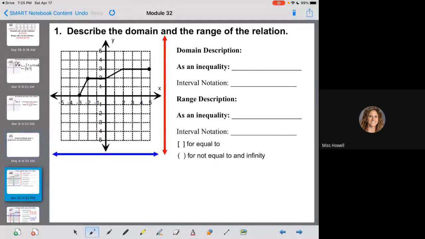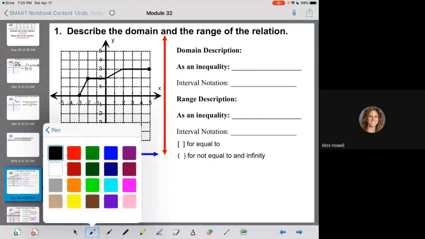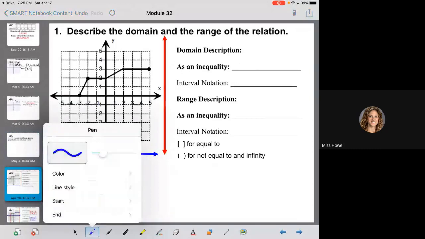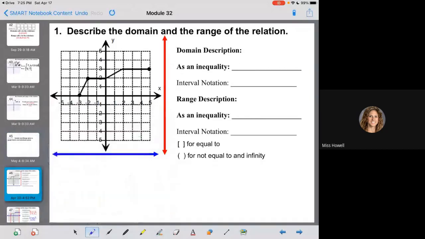So for example, for this first graph, maybe it would be helpful if I go in and highlight it, right? It starts here, and it goes up to there, it goes up there, it goes over there, and it goes to there, right? That's the graph. That's what we're looking at. So remember, your domain is all possible x's.